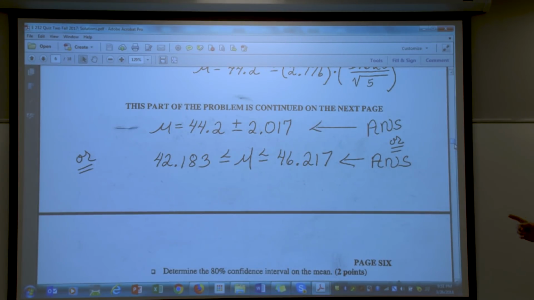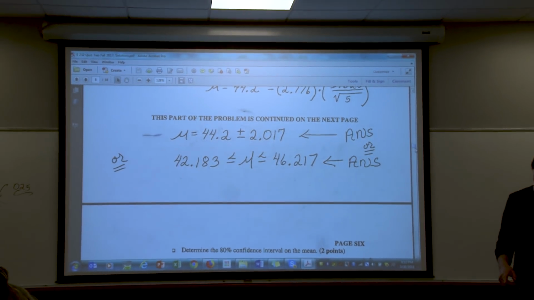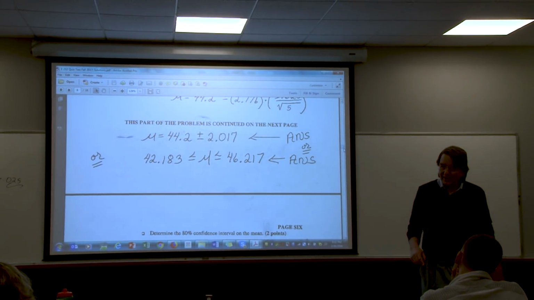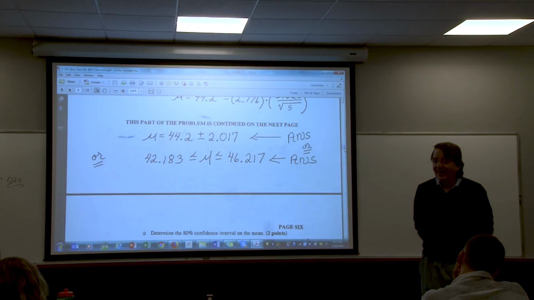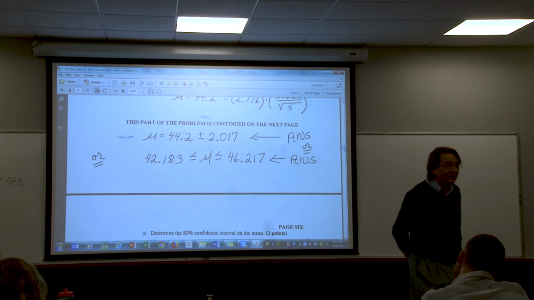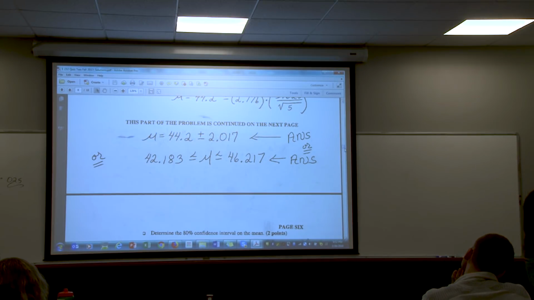That's the interval for 95%. The interval for 80%, is it going to be bigger or smaller? I have a multiple choice. Some are saying bigger, some are saying smaller. Let's take a look.